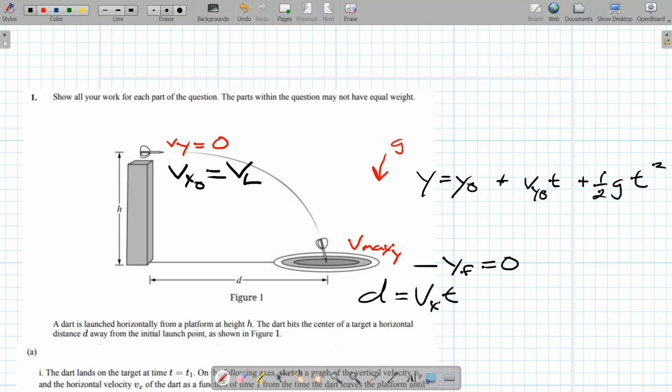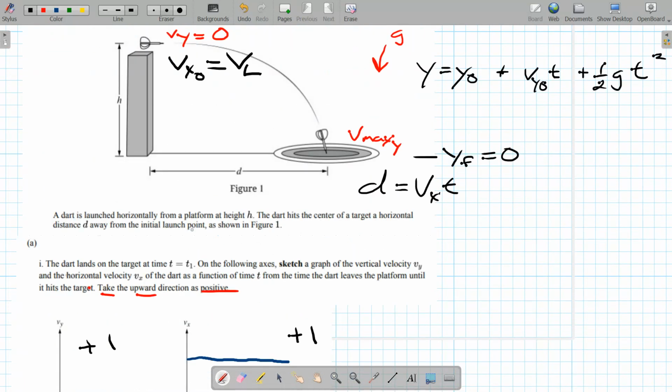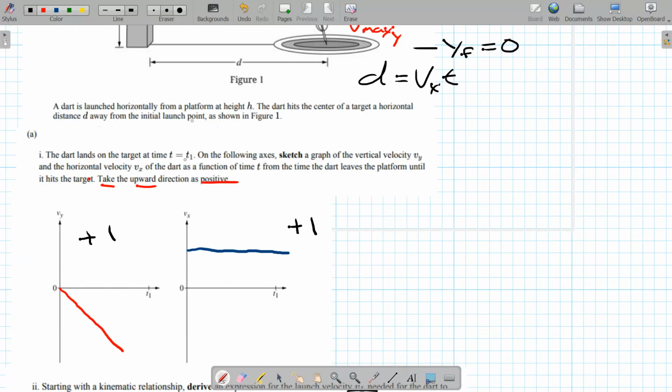The dart hits the center of the target, which is d away from the initial launch point. Now here's part A. The dart lands on the target at T1. Sketch the graphs of the vertical velocity Vy and the horizontal velocity Vx. And then lastly, it says take upward direction as positive.